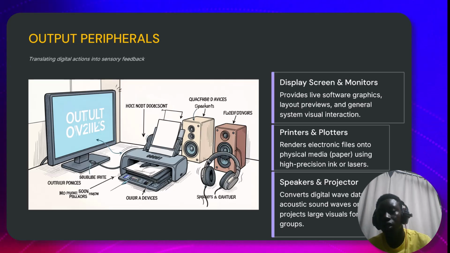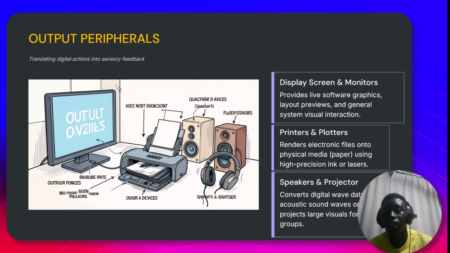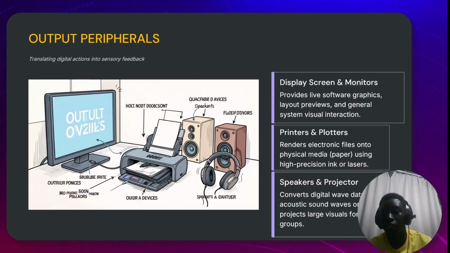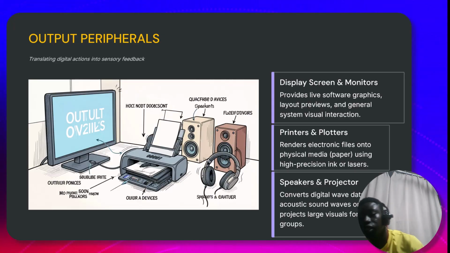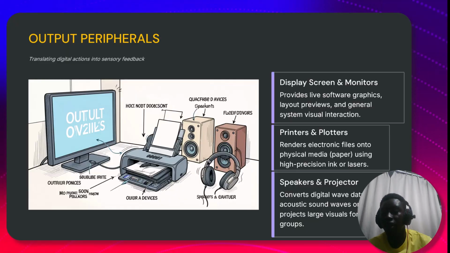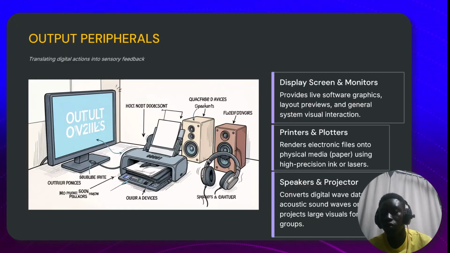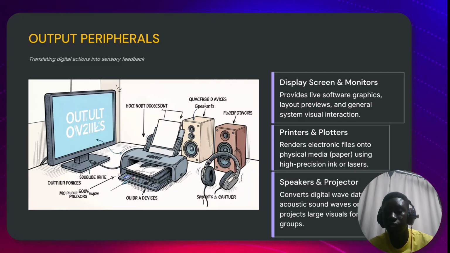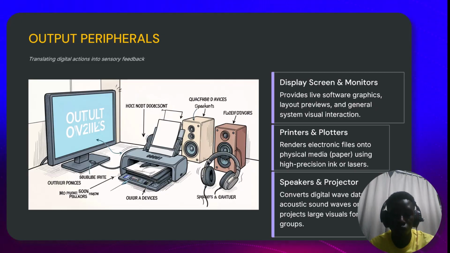We also have the printer and plotters. They put electronic files onto physical media, which is the paper, using high precision ink or lasers. We also have the speakers and the projector. They convert digital wave data into acoustic sound waves or project large visuals for groups.